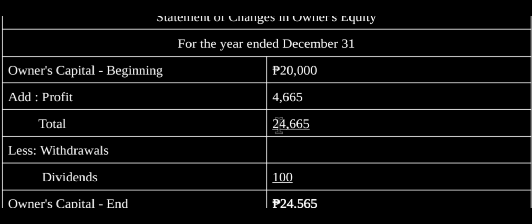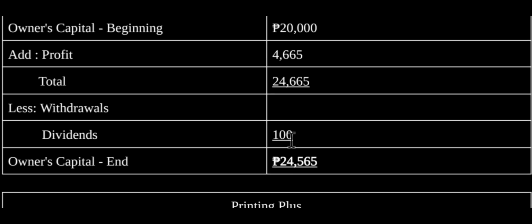So we have a total of 24,665. Now we have to subtract the withdrawals, the dividends, which is 100. So it would be 24,565. That would be the owner's capital ending balance.